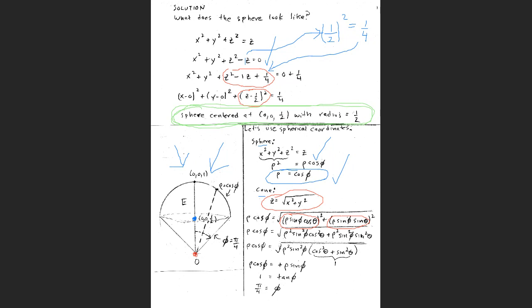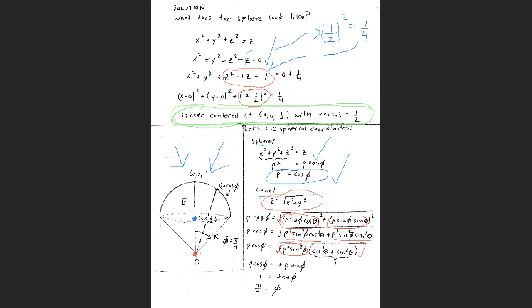I square both of those terms, and I'm able to factor out a common factor of rho squared sine squared phi, times the quantity cosine squared theta plus sine squared theta.